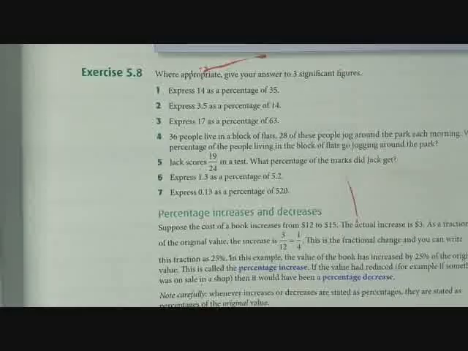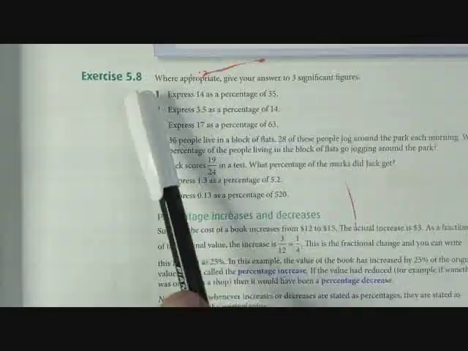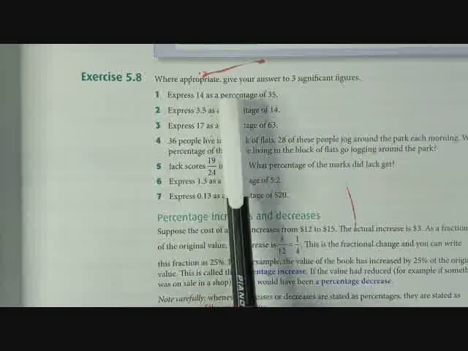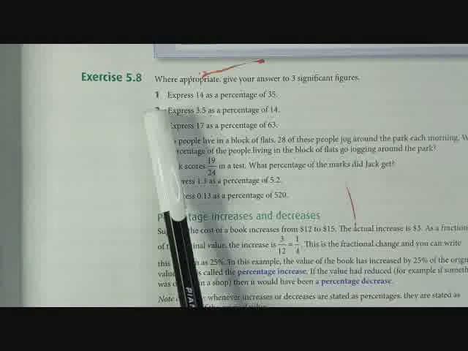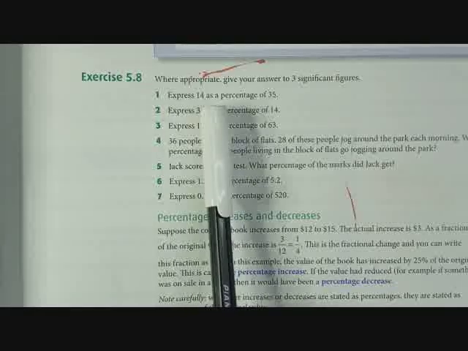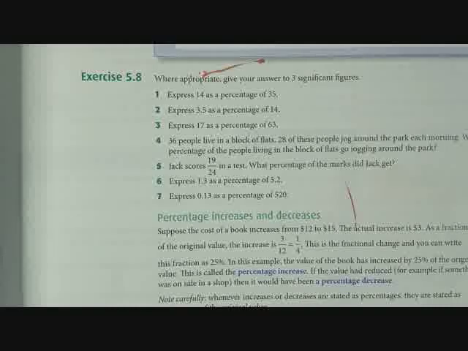Let me point it out for you. You see that here it is written, where appropriate, give your answer to three significant figures. And question number 1 is: express 14 as a percentage of 35. It is a very simple question.